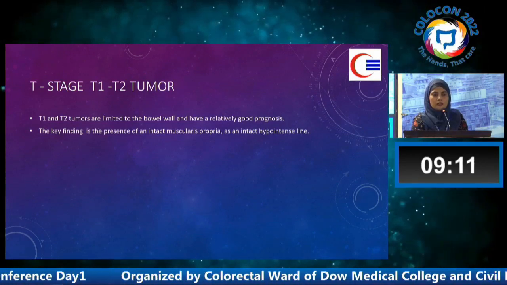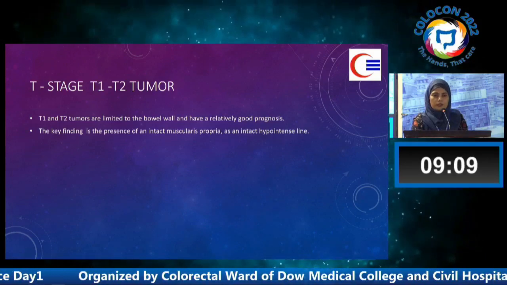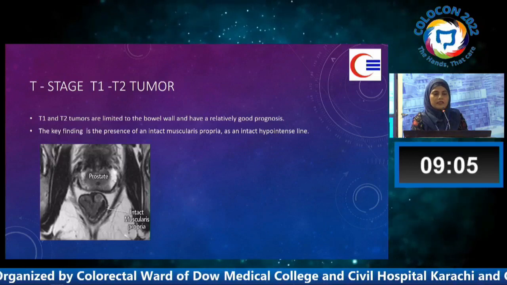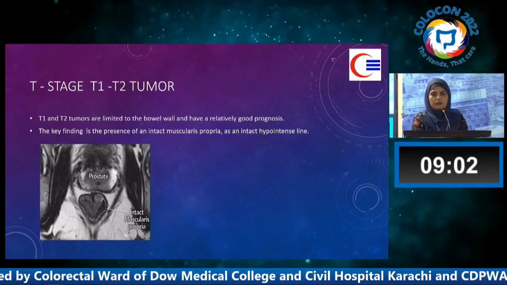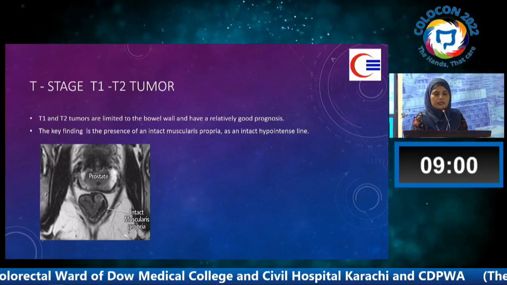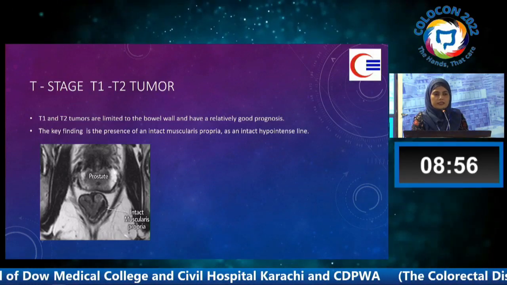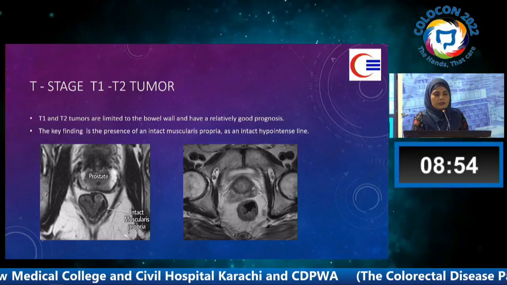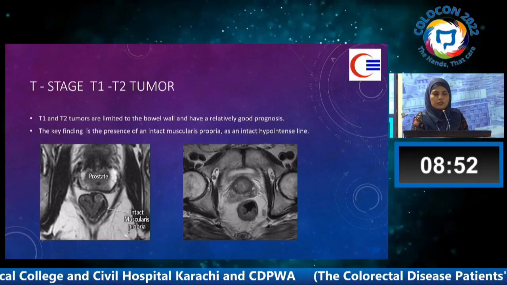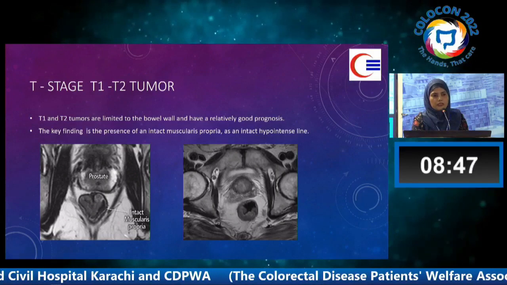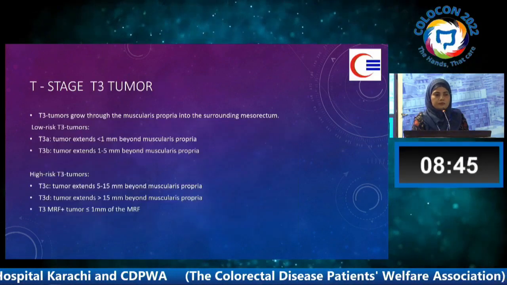Collectively, T1 to T2 tumors are confined to the rectal wall, and the best indicator is that the outer rim of the muscularis propria is intact. In this polypoidal tumor, we can appreciate the muscularis propria is well intact. Another example: the tumor is from almost 3 to 9 o'clock position, but the outer layer of muscularis propria is intact. It means it is a T1, T2 tumor.